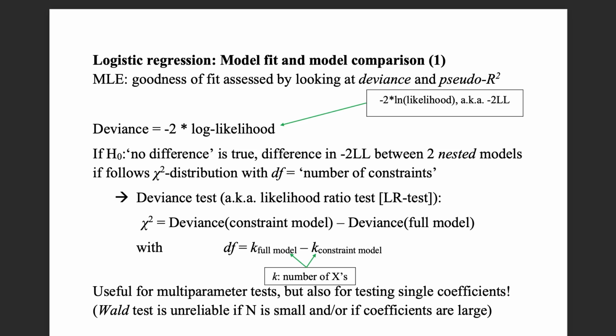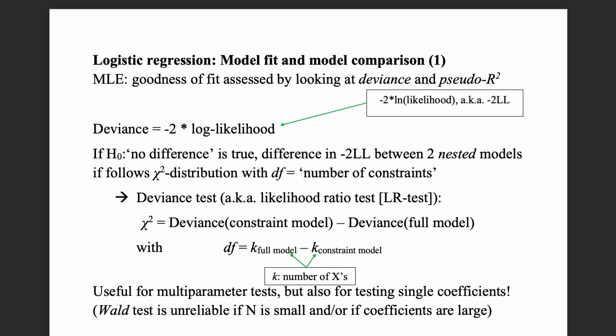So if you have large coefficients and/or a small sample size, then the Wald test can be a bit unreliable. And then using the deviance test is actually a bit more reliable. So in that case, you will actually see that you will get slightly different p-values with using the deviance test for an individual regression coefficient compared to looking just at the Wald test.